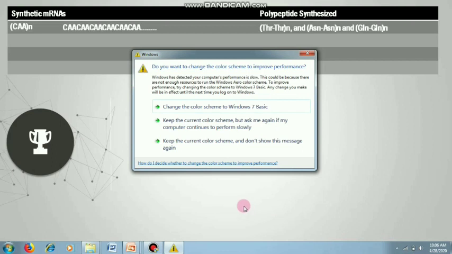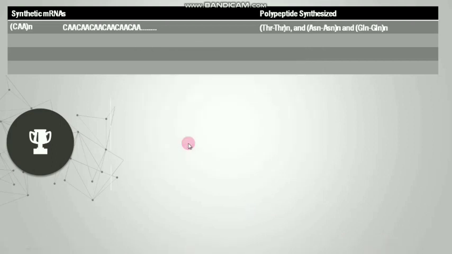You have to keep in mind that the polypeptide is of homotype, where only one amino acid is there. It is not a mixture of threonine, asparagine and glycine. Instead, the entire polypeptide contains multiple units of threonine or multiple units of asparagine, and not a mixture of two amino acids.